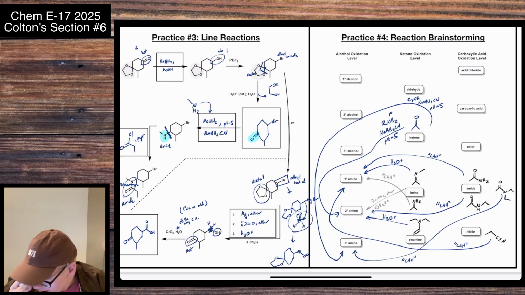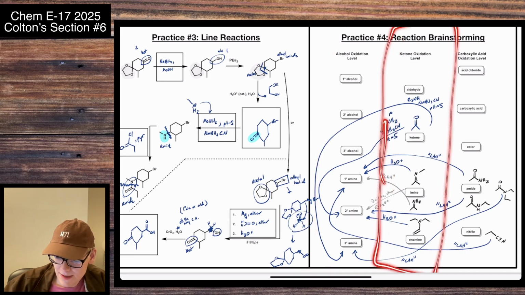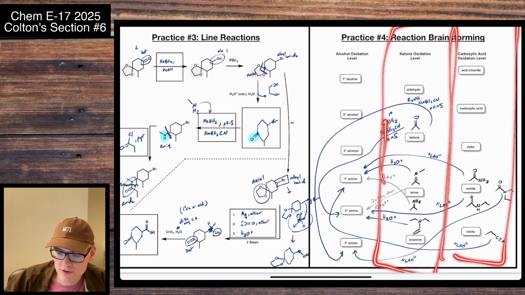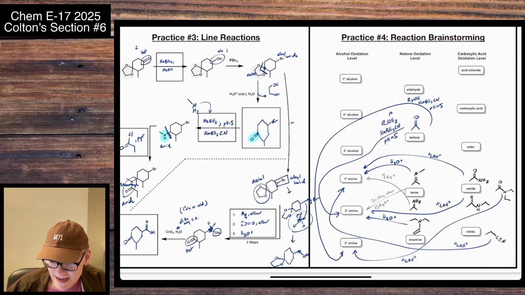And so I think it's really, really helpful to me to think in terms of the columns of oxidation levels. And we know if we are moving at all between columns, we are doing redox. If we're going this way, we're doing reductions. If we're going this way, we're doing oxidations. And then it's about thinking through based on the specifics of the molecule.